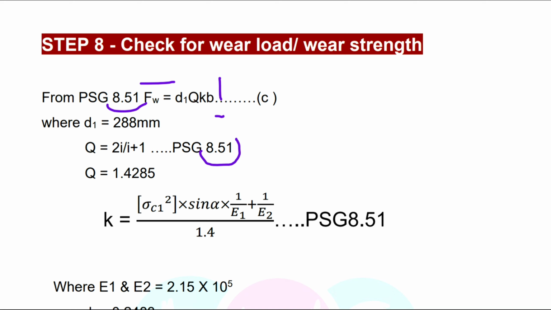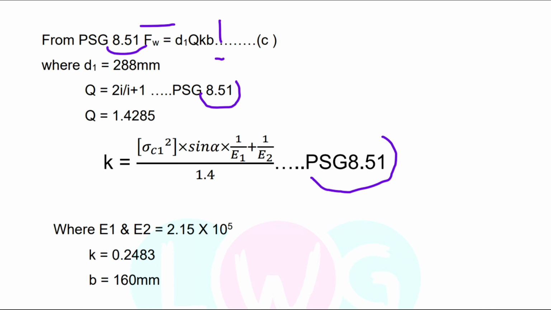Now d1 and q we know. How to find k? The formula for k is also given on the same page. K is equal to sigma c1 square into sin alpha, into 1 upon e1 plus 1 upon e2, upon 1.4.